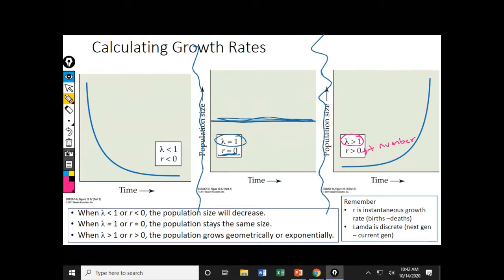So we see this very familiar J-shaped curve.